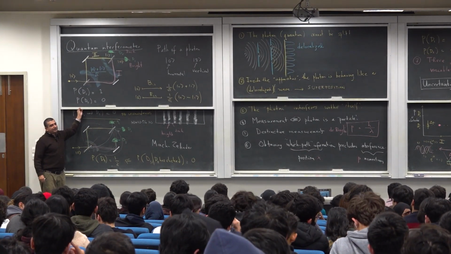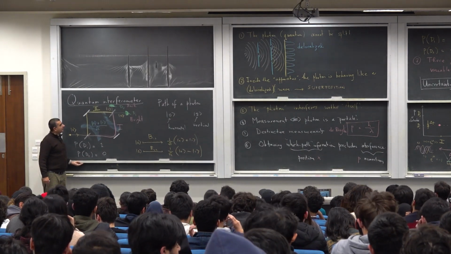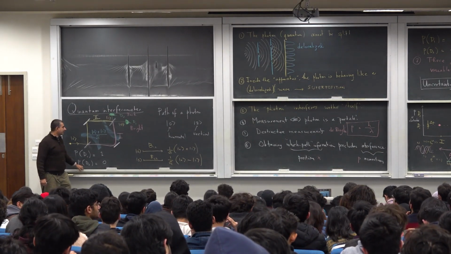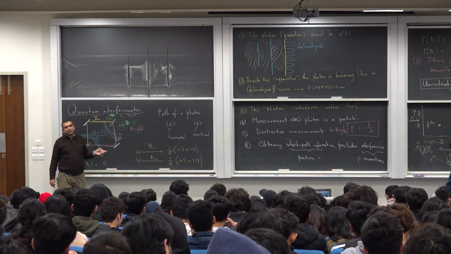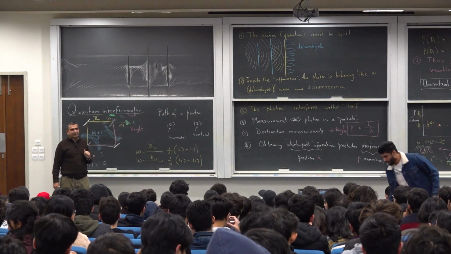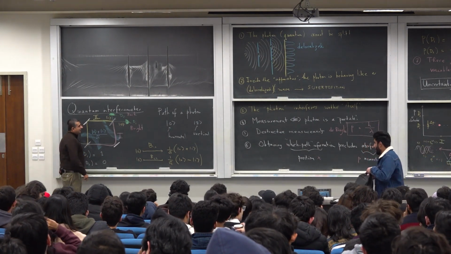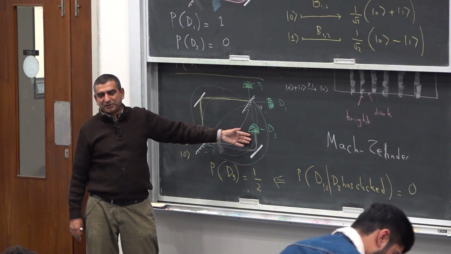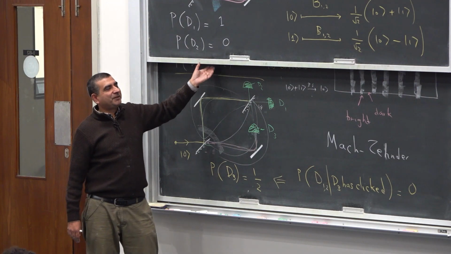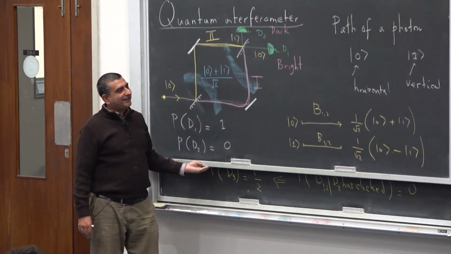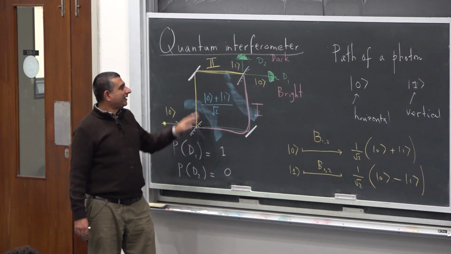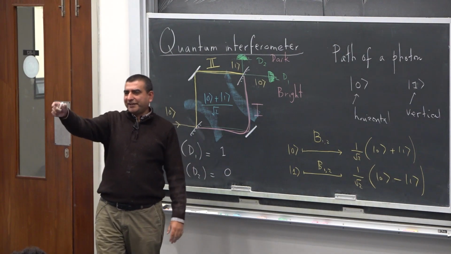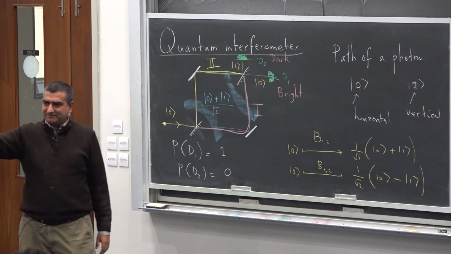There's another way of detecting which path the photon takes. One case is the naive case of placing a detector, right? This tells us which path the photon takes. Another possibility is that these are very light mirrors.